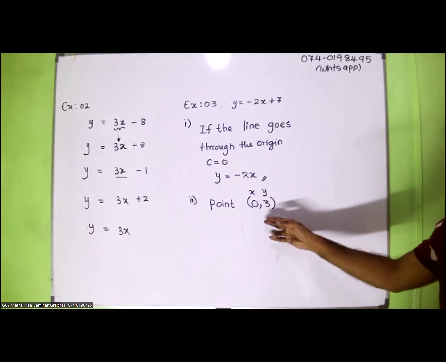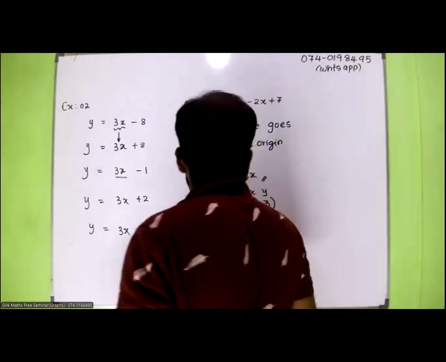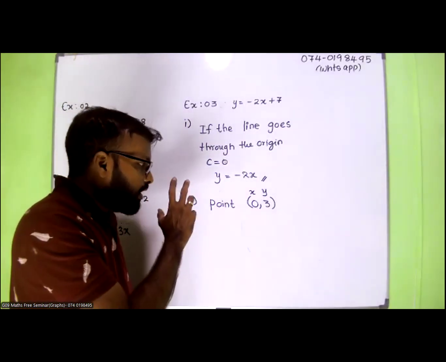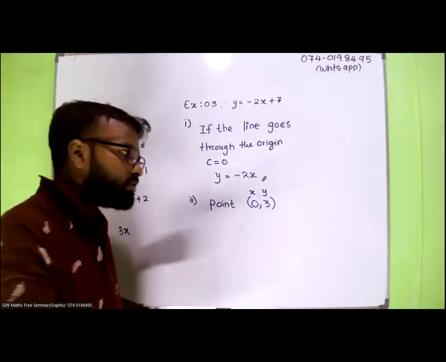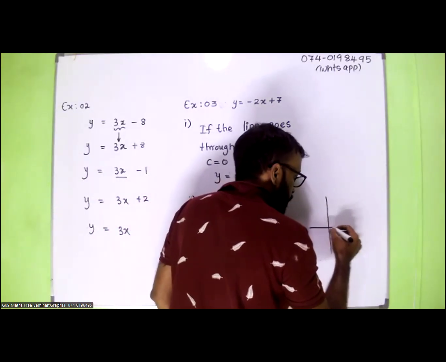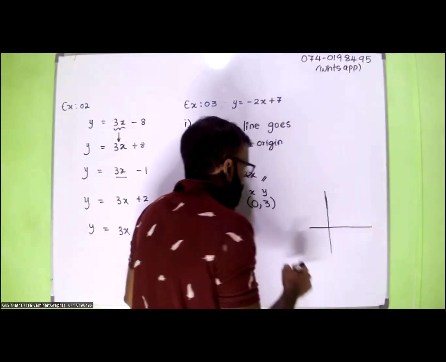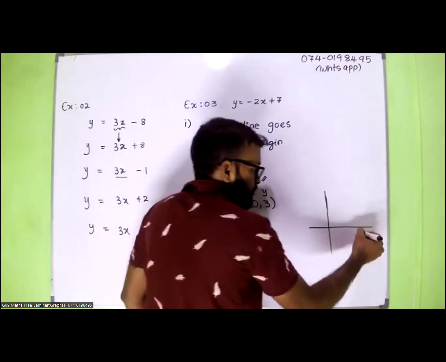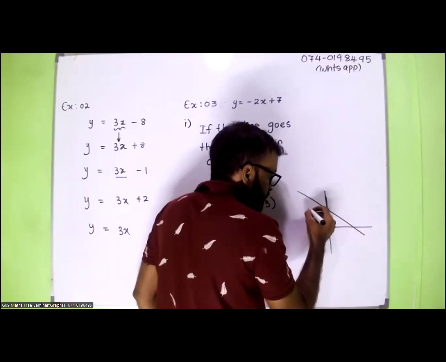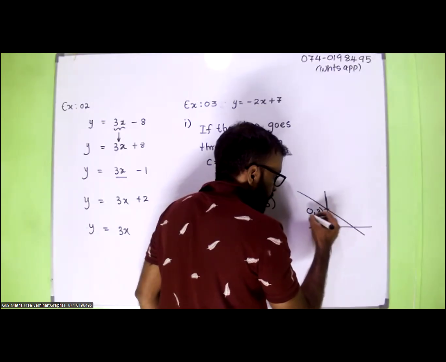So this graph crosses through the point 0, 3.